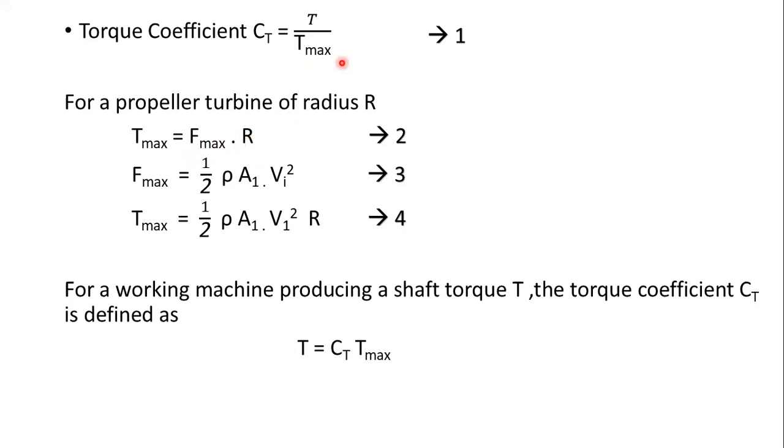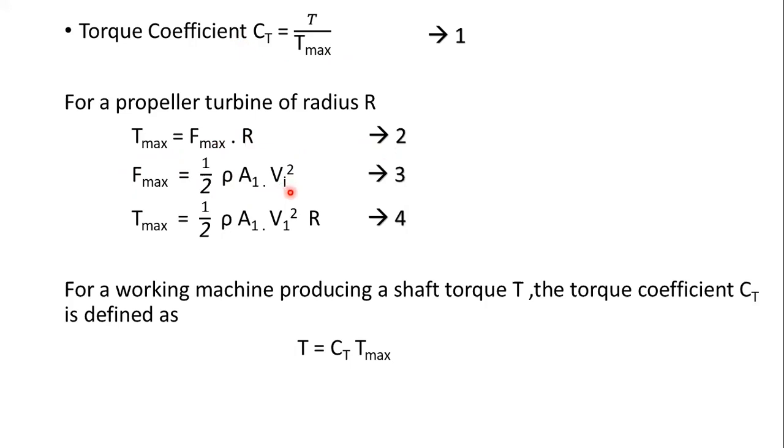I am giving numbers to the equations, so go through them also. This is the CT torque coefficient, the first equation, and this T maximum is the second equation. After that we will use these equations for further calculations. Again we know that the maximum force F maximum is equal to half rho A1 VI square, where A1 is the area and VI is the wind velocity.